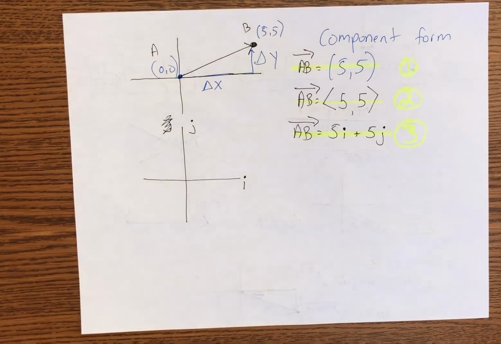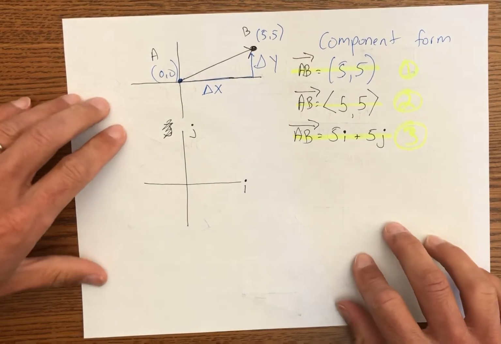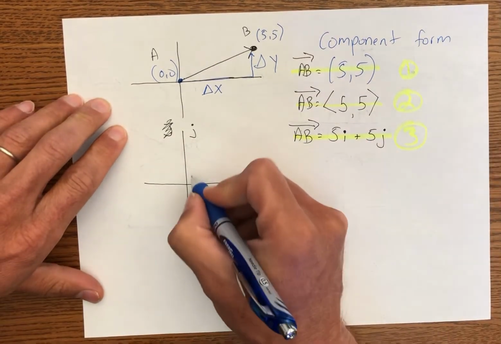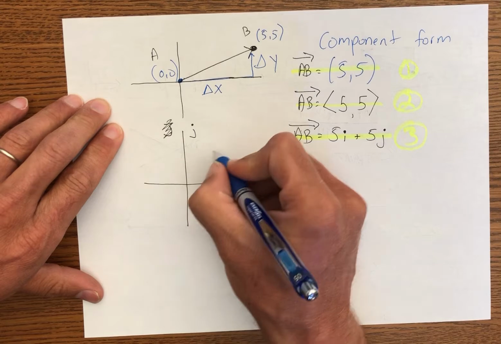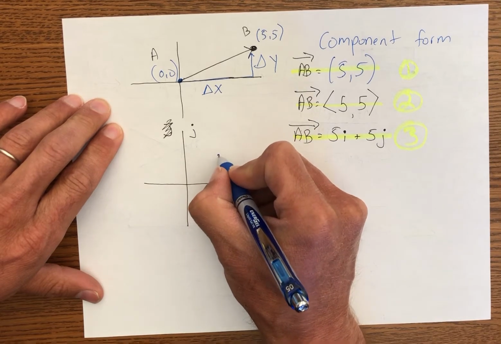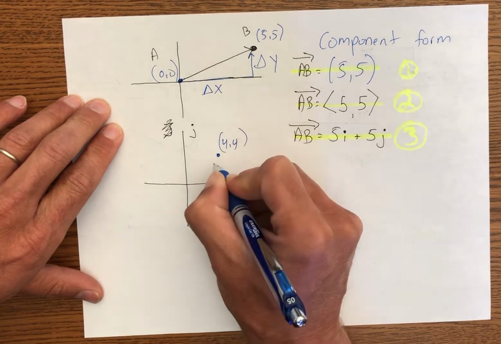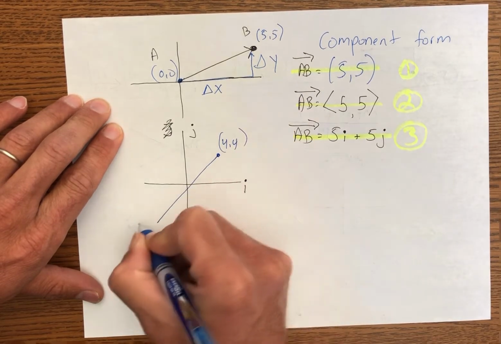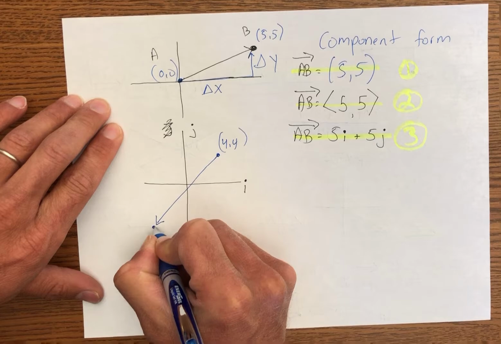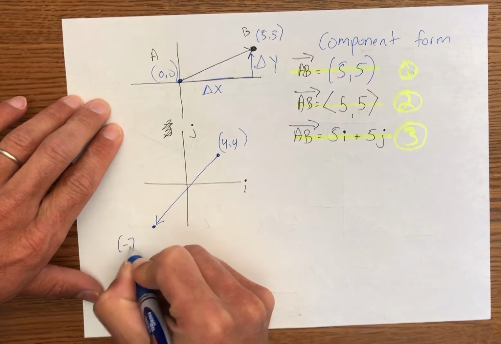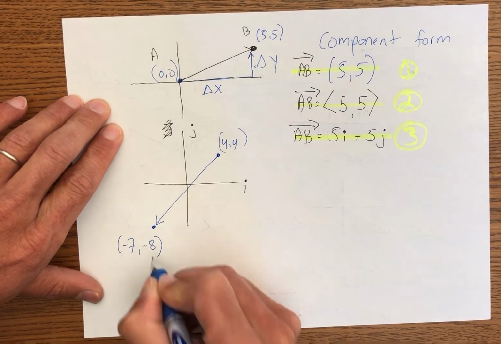Now I give you an example in the notes. I say find the component form of vector AB. It starts off at 4, 4, and it's traveling to -7 on the x and down 8 on the y.